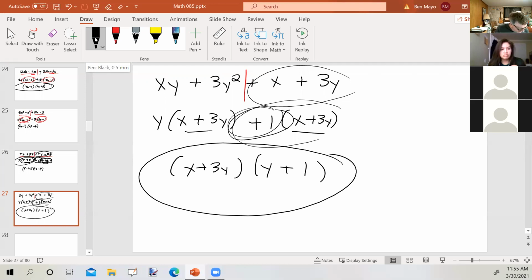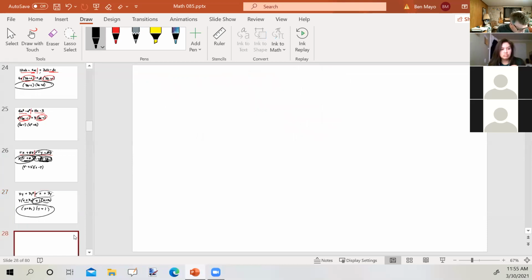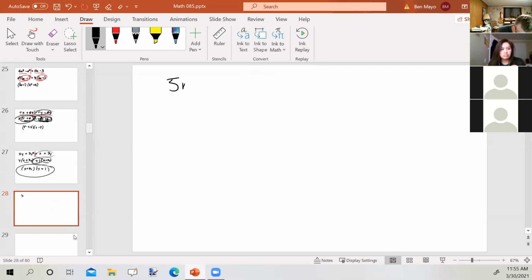Let's see here. How about this one? 5m to the 6th plus 6 plus 5m squared plus 6m.